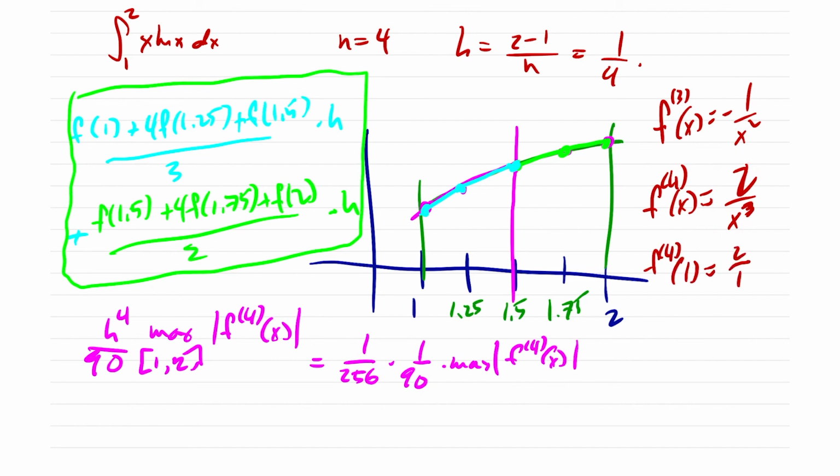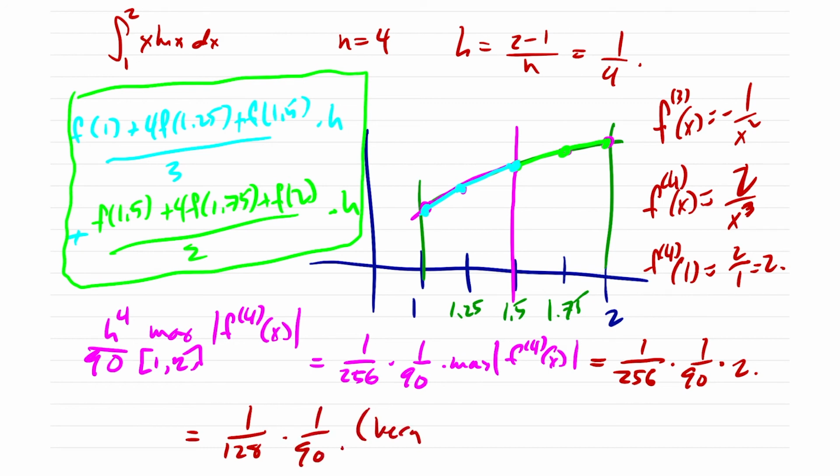It's going to be 2 over 1, so it's 2. So what we get is 1 over 256 times 1 over 90 times 2, so 1 over 128 times 1 over 90, and we'll just say it's very small.